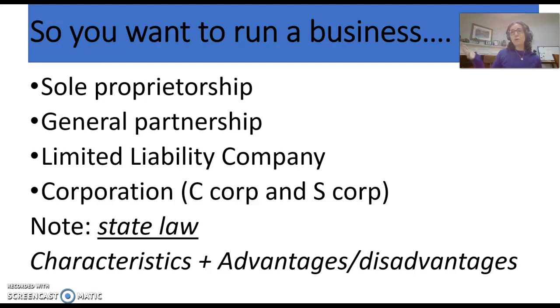So we're going to go through all of those different characteristics. I'm going to try to hit a lot of the highlights in these PowerPoints, but again, your book walks you through all these steps as well. We'll also talk about the advantages and disadvantages. Why would one company want to be a limited liability company where another company might want to be a corporation? Maybe both are good choices.